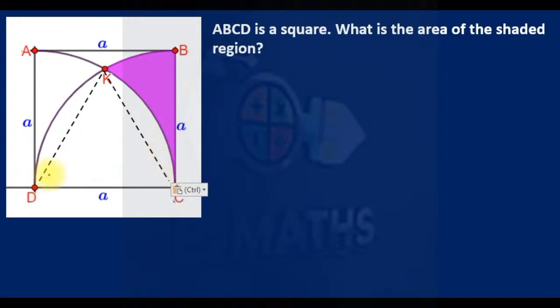This is a square, so each interior angle is 90. And again, you can see that from here to here is also A. That's like the radius of this quarter circle. And if you look at this quarter circle BCD, you also see that here is also A. So this is the radius.